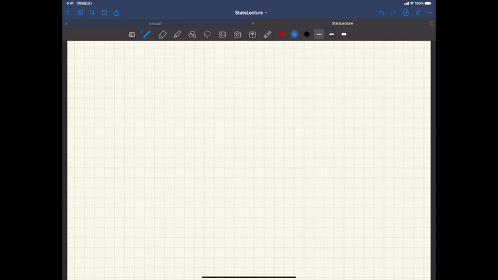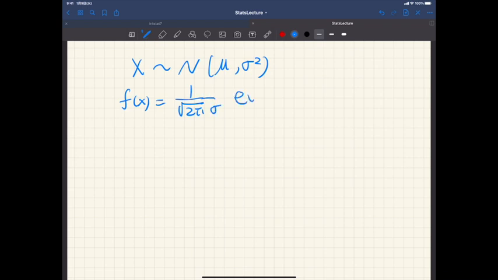Now suppose we have a random variable that follows the normal distribution with parameters mu and sigma squared. So that means its density function is this, with exponential of minus x minus mu squared over 2 sigma squared.